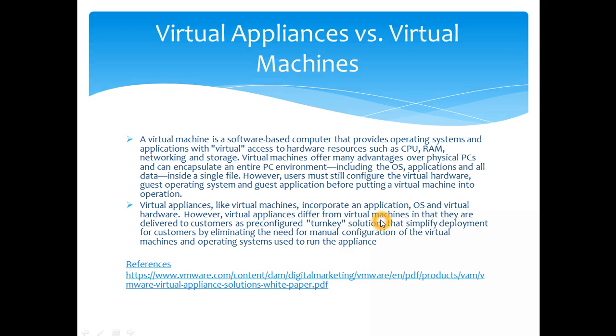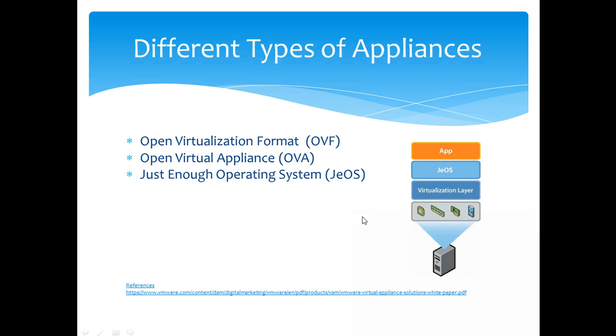All you have to do is deploy it in your environment and you are ready to go, really. That eliminates the need for you to manually configure any virtual machine and the operating system and the application running in it.